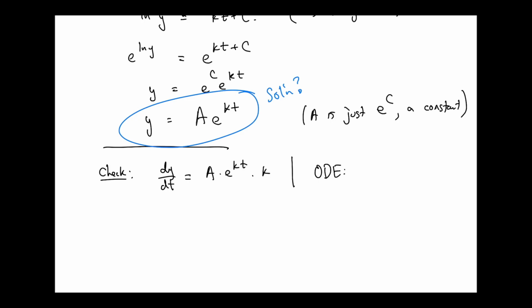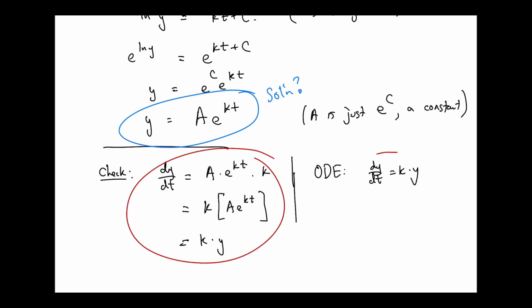right? The original differential equation we had was dy/dt equals k times y. Okay, so what's the stuff in the brackets? That's what we thought y was. And so this matches this.